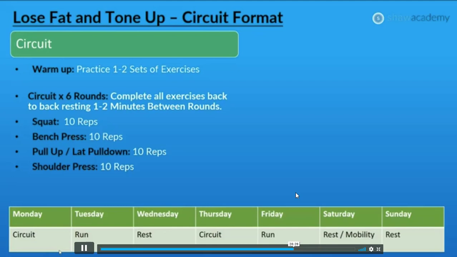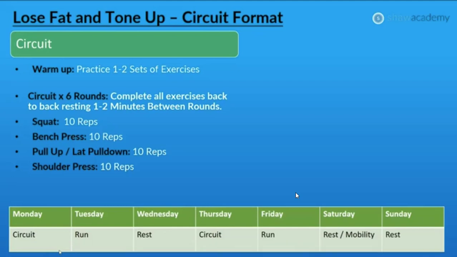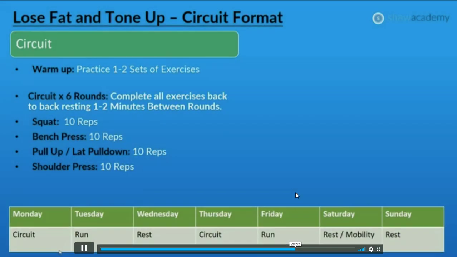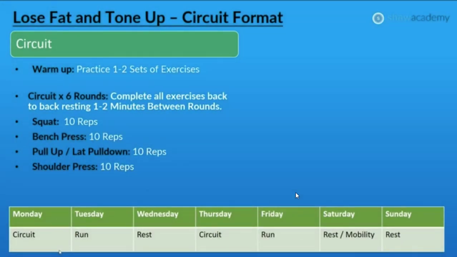You're going to take your time transitioning from exercise to exercise, and you're going to take 1 to 2 minutes rest after each round. 1 if possible. If the heart rate's flying through the roof, then 2 minutes. And you can try and complete the 6 rounds.